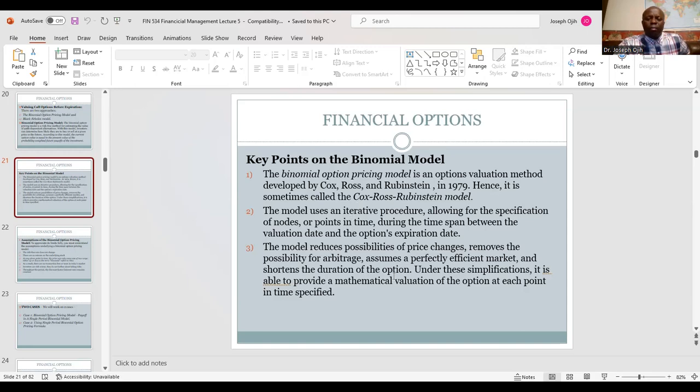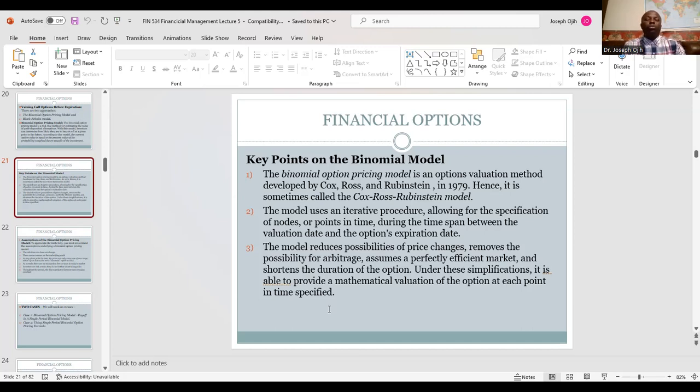The second thing is that the model uses an iterative process. This iterative process allows for the specification of the nodes or points in time during the time span between the valuation date and the option expiration date.